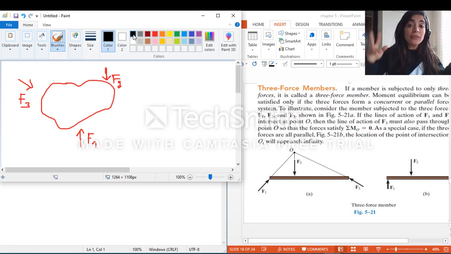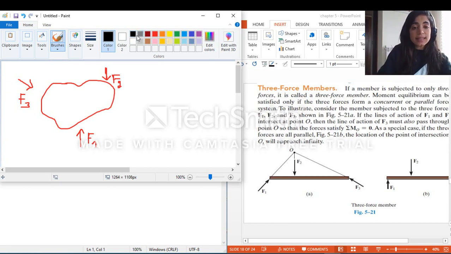In fact, guys, if any 2 of these forces are parallel, the third one is also parallel to them. And this is basically because if I want to apply the first case of 3 concurrent forces at one point, on this case right here, I will have a contradiction.